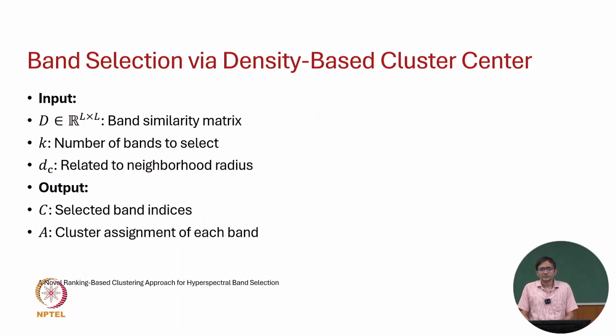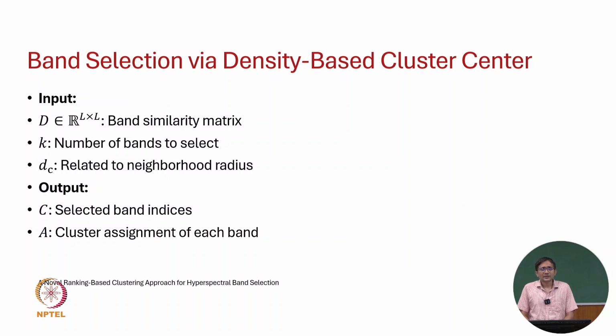Let us quickly go through one density-based band selection approach. Here, we'll start with a band similarity matrix, which is an L cross L matrix. So from this, of course, you can easily guess the number of original bands, right?